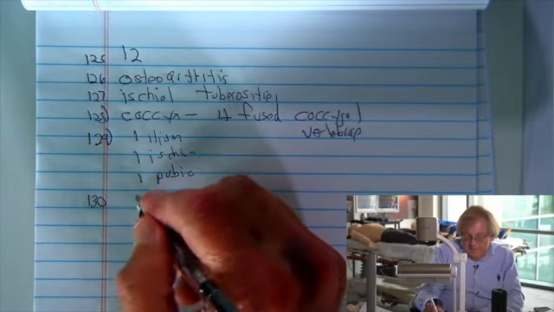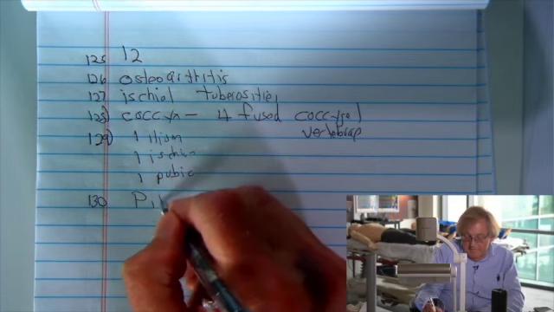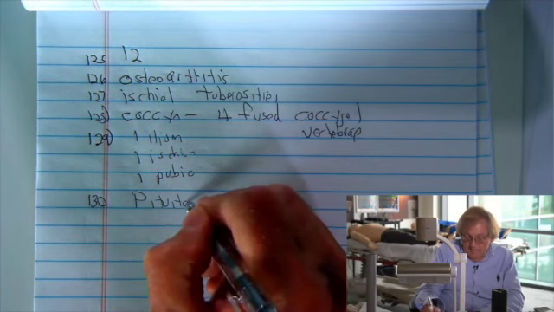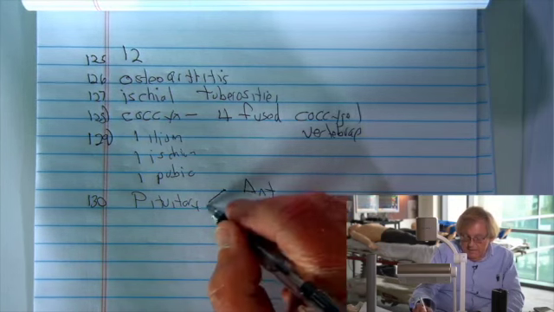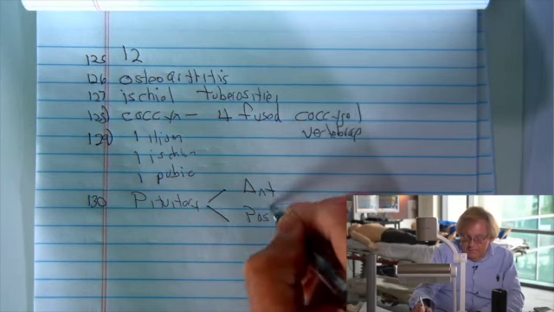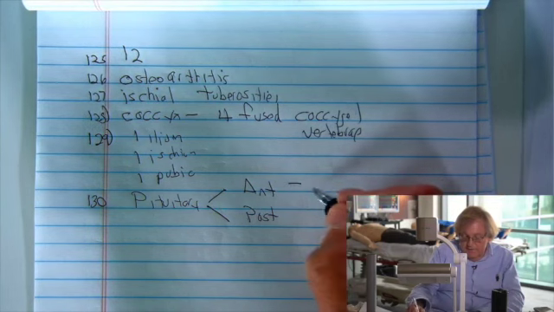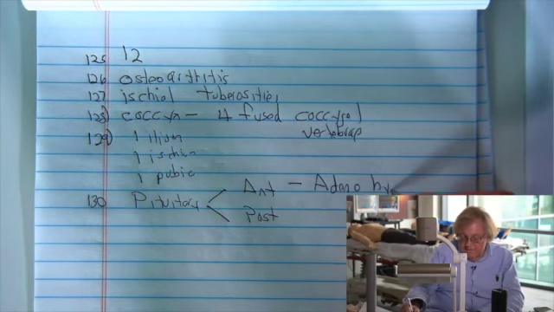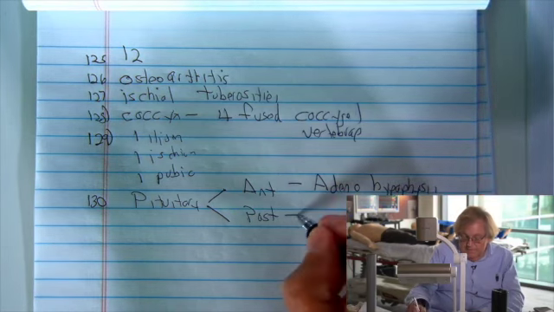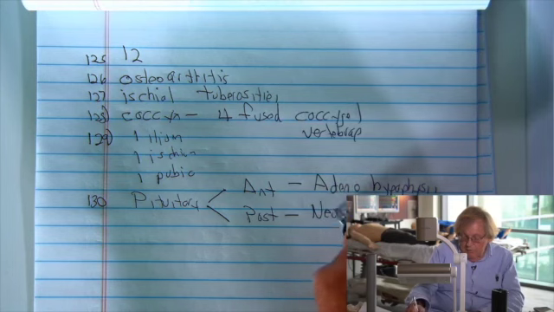Remember, the hypophysis is the pituitary gland. I've got the anterior pituitary and the posterior pituitary. Anterior is the adenohypophysis. Posterior is the neurohypophysis.